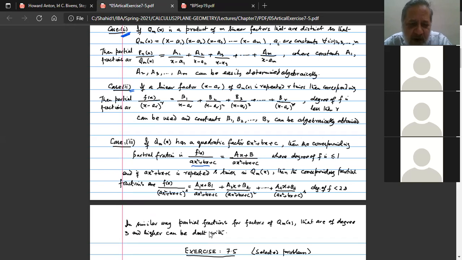And if the quadratic factor is repeated, then one term like this, plus another term like this with the denominator squared, then another term like ax plus b, a1x plus b1, a2x plus b2, plus a3x plus b3 divided by the quadratic factor raised to power 3.